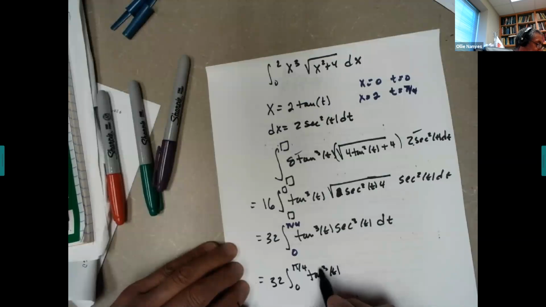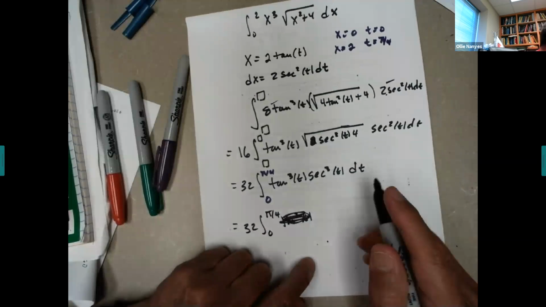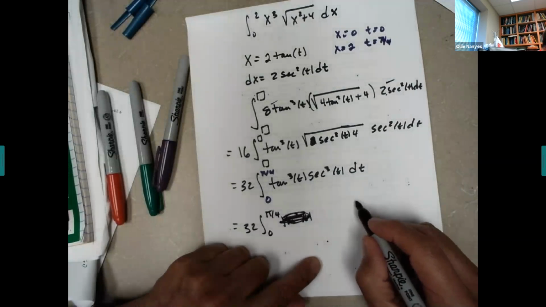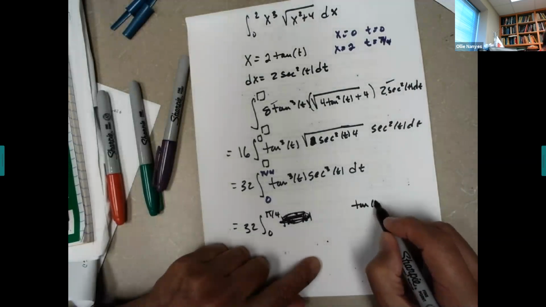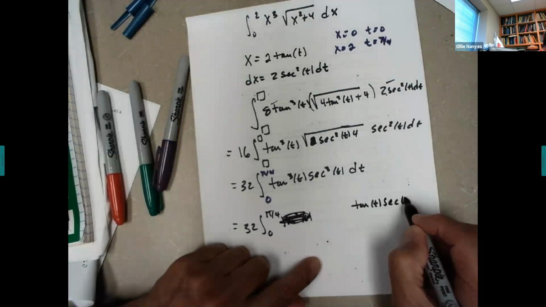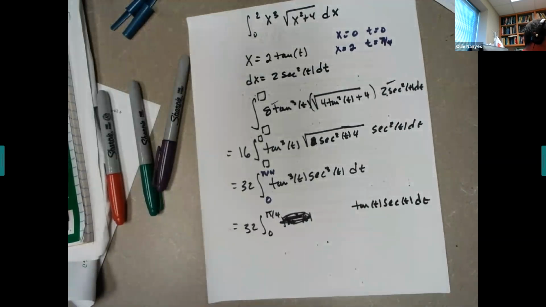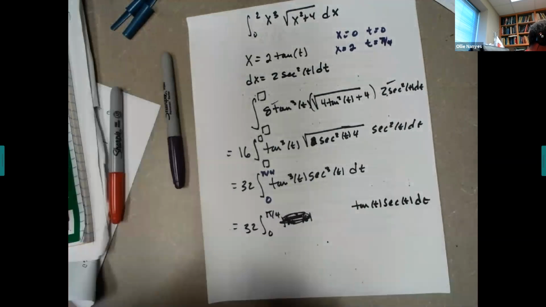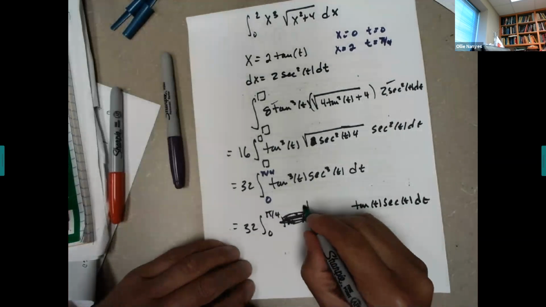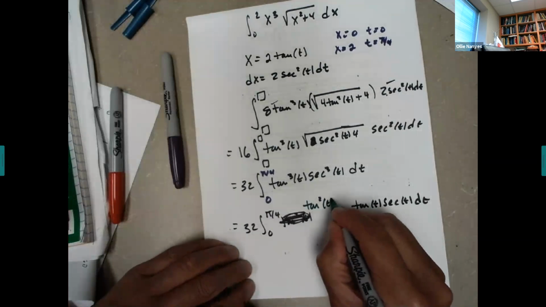Oh, yes, this is correct, but I think probably the best thing to do is to pull a tangent secant out. And then what we have left over is a tangent squared secant squared. Yeah, this is going to work.